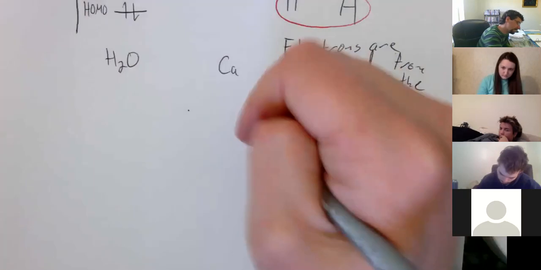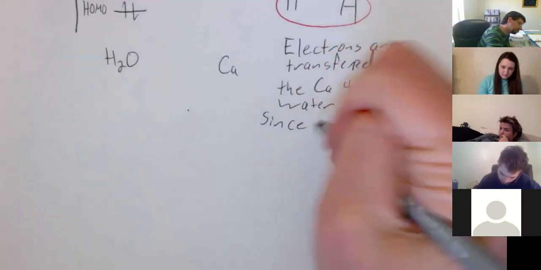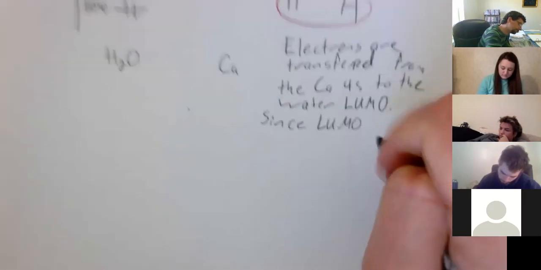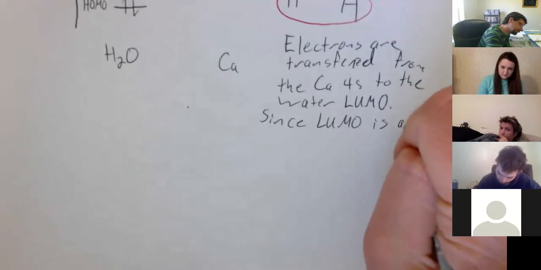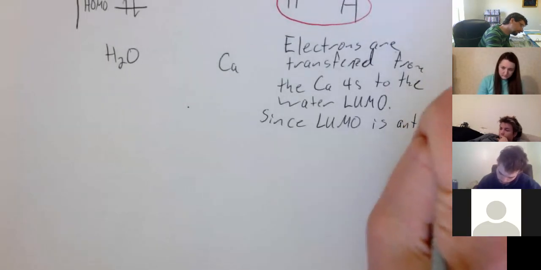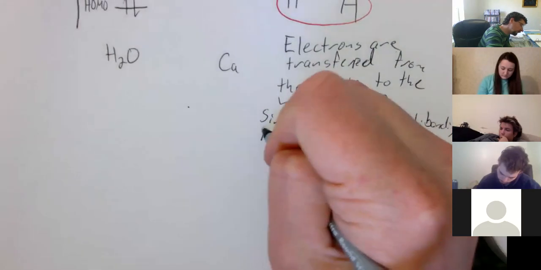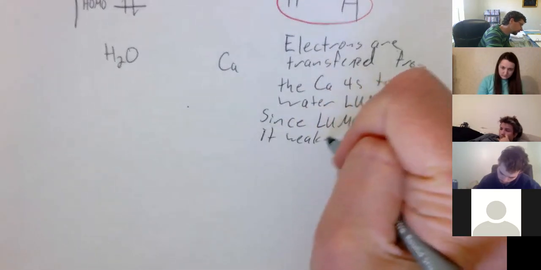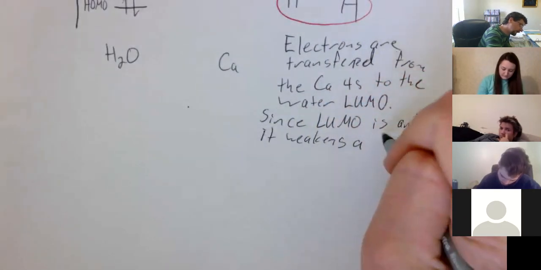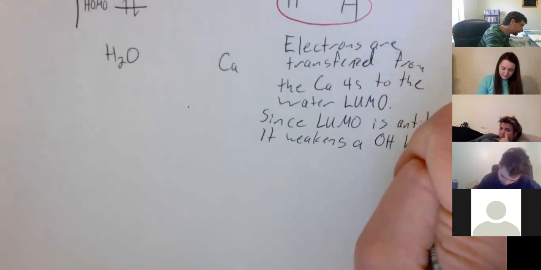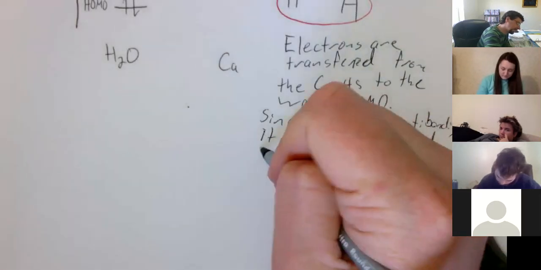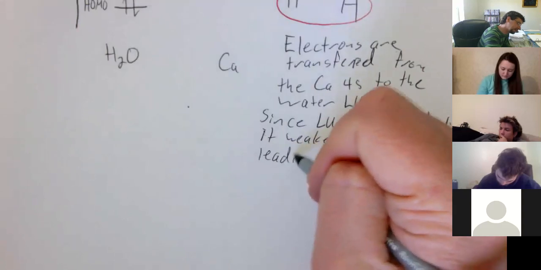And since this LUMO is anti-bonding, it weakens an OH bond, and that leads to that H2 gas.